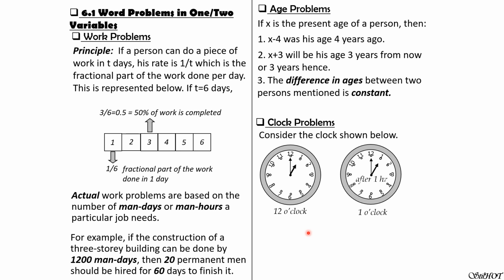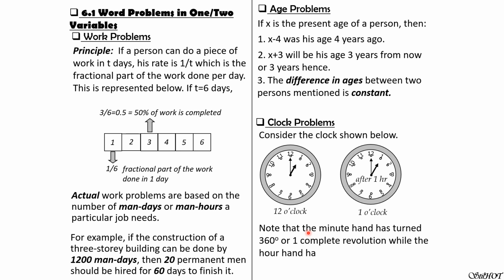So we note that the minute hand has turned 360 degrees or one complete revolution, while the hour hand has correspondingly turned 30 degrees or 1/12 of a revolution. So take note that the angular spacing between marks is 30 degrees for that case.